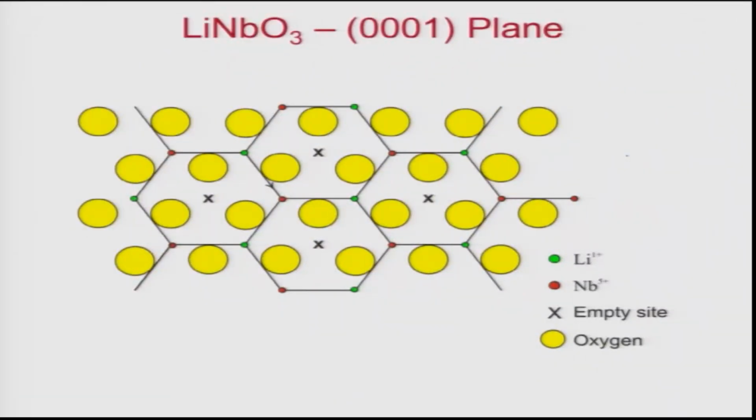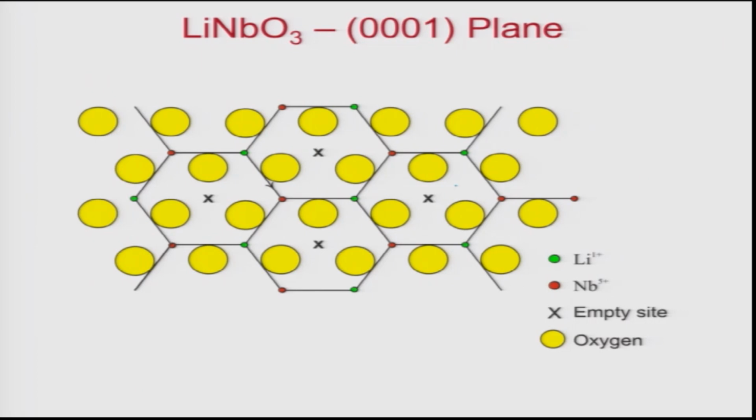So, this is how it looks in the plan view, the top view. In the top view you will have the layer of oxygen, and between the layers you have octahedral sites filled. So, alternating octahedral sites are filled: lithium, niobium, lithium, niobium, lithium, niobium, and in between you have one empty. So, again you can make the hexagon.